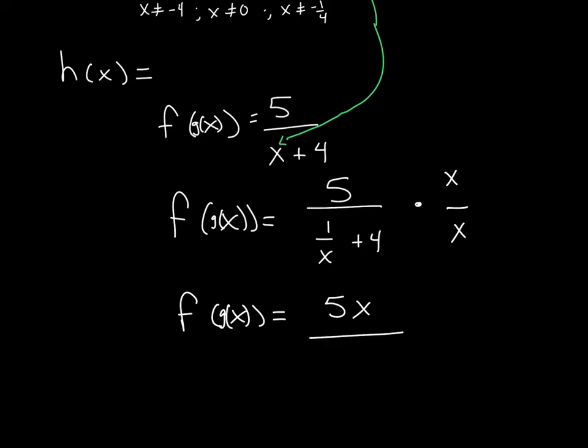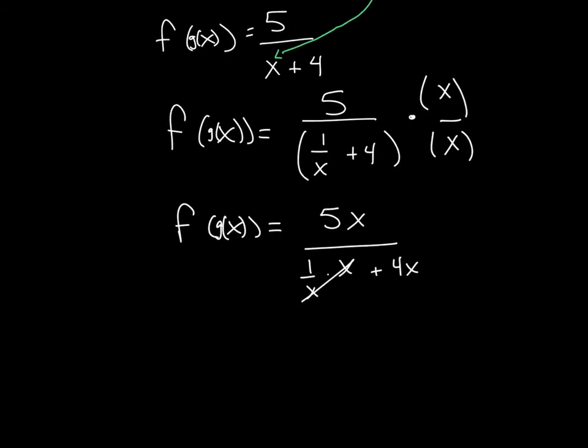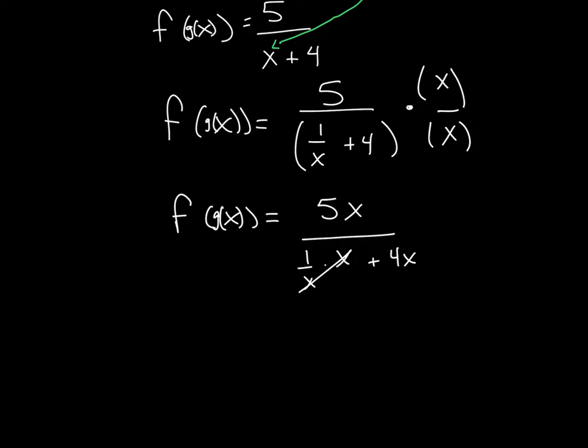Now what I'm doing here is I'm taking all of this and multiplying it times x. That is 1 over x times x plus 4 over x. Those x's cancel and become 1. And now we are just left with 5x all over 1 plus 4 over x.